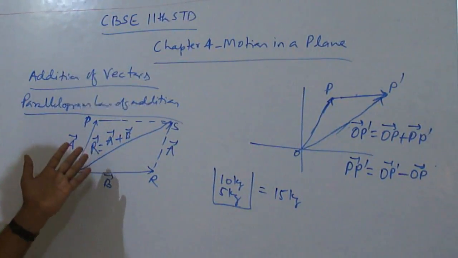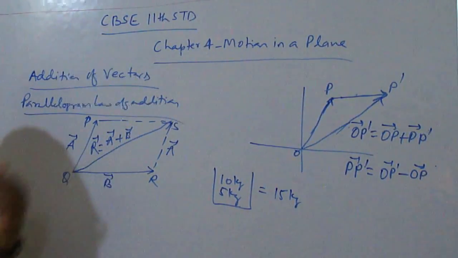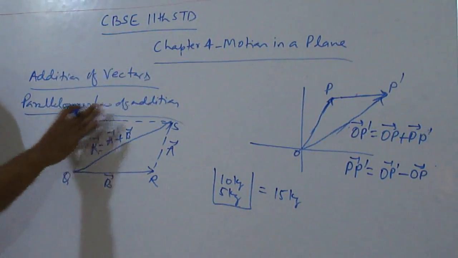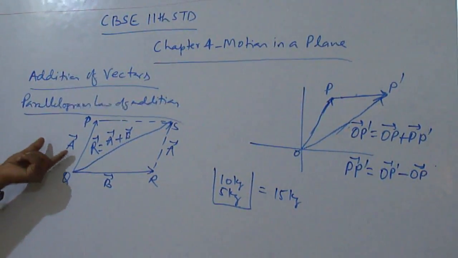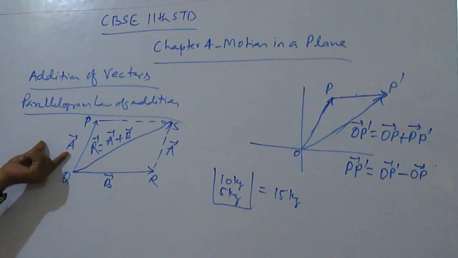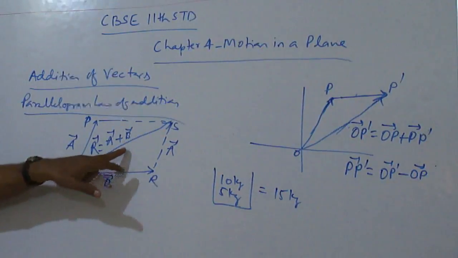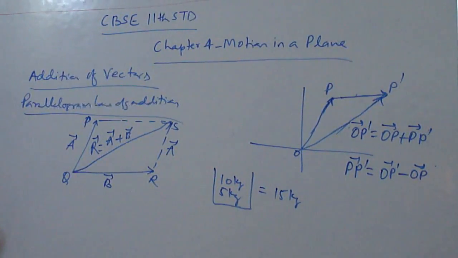Magnitude and direction, everything has to be taken into consideration. So this parallelogram law actually represents the basic triangle law only. We represent the vectors with two consecutive sides of the parallelogram, and the diagonal gives the sum of these two vectors. Understood?